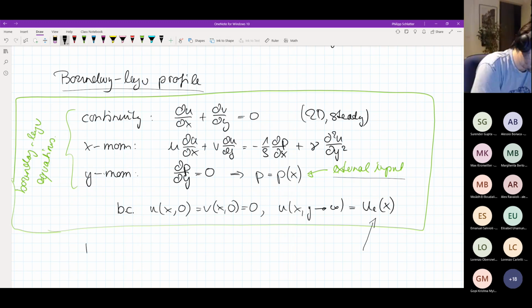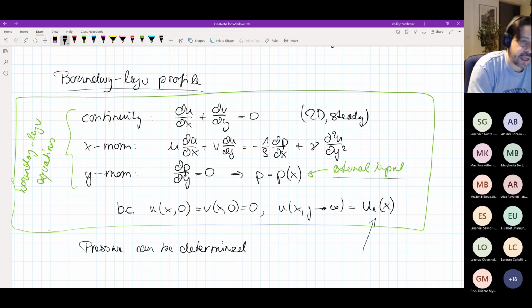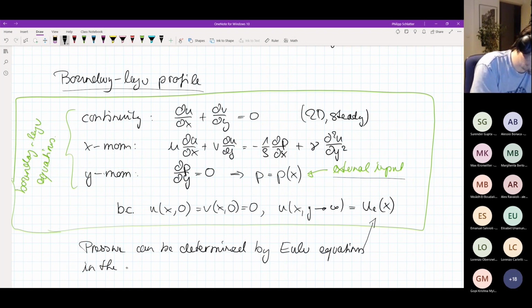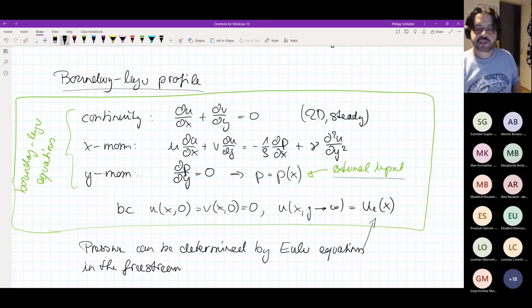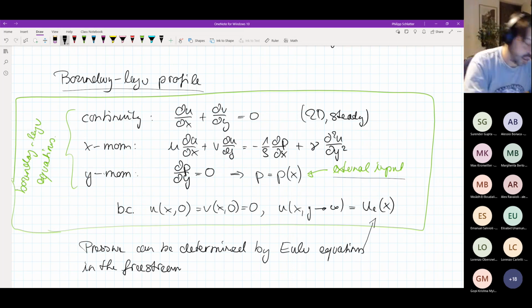The pressure can be determined by the free stream, and what we can do is solve the Euler equations in the free stream, because we know that in the free stream viscosity is not important. So the inviscid approximation with the Euler equations is valid.